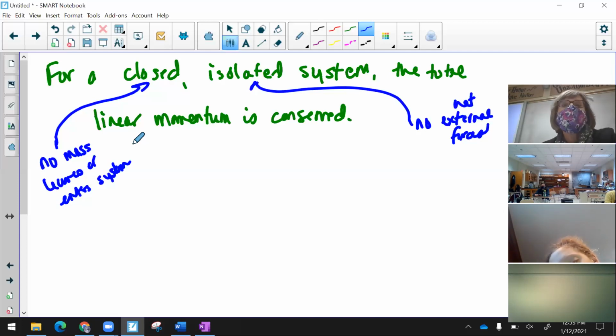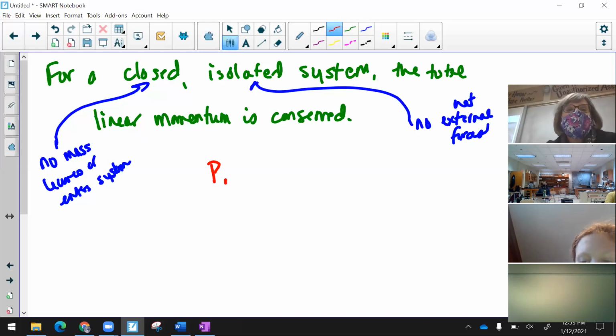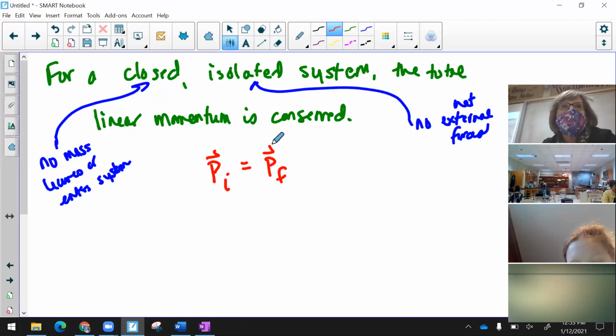Okay? So if you seem to have mass that enters or leaves your system, you need to make your system bigger to include that thing. Or could you make your system smaller? Only focus on the part where the snowball is in your body? Well, the whole point about conservation of momentum is that I look at the total momentum before some event and the total momentum after some event.